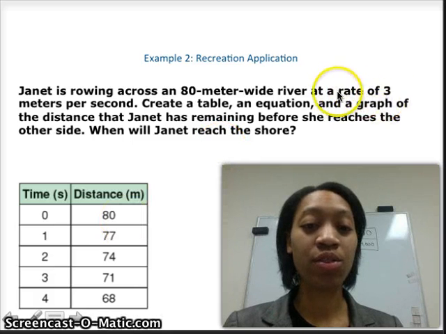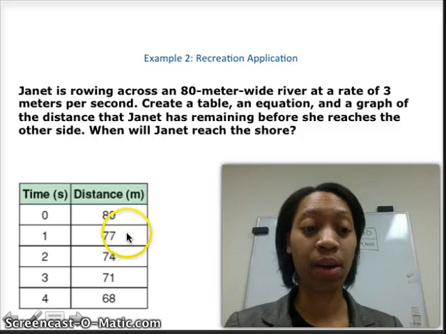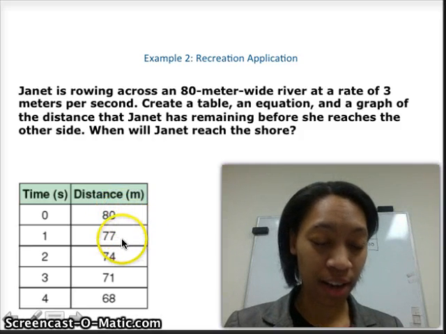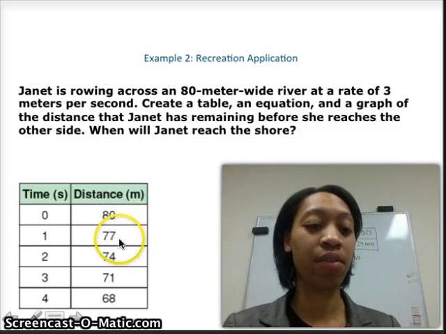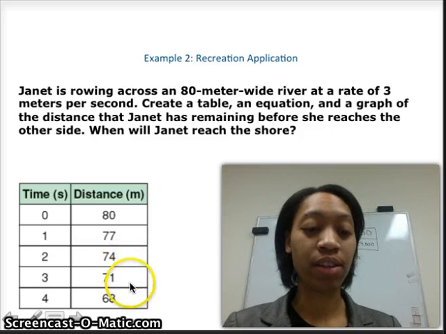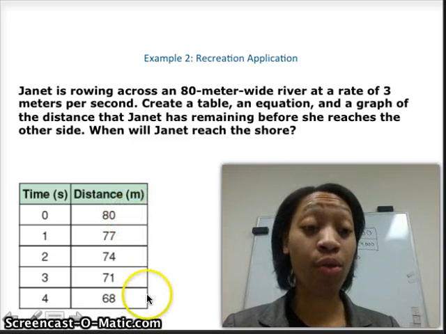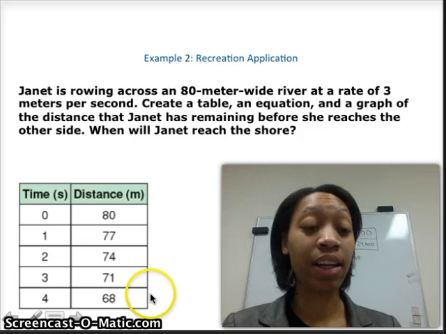Then she's crossing at a rate of 3 meters per second. So each second that goes by, the distance is going to decrease by 3. 80 to 77 goes down 3, and then 77 to 74 goes down 3. So the first differences are all 3, and we can expect a linear function.